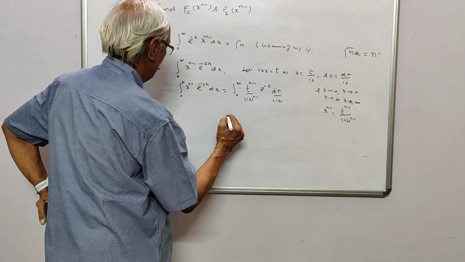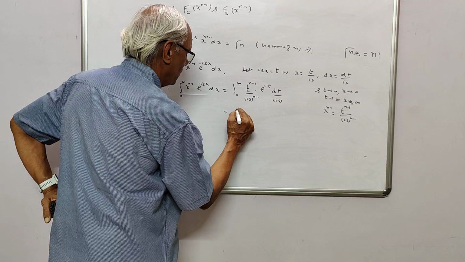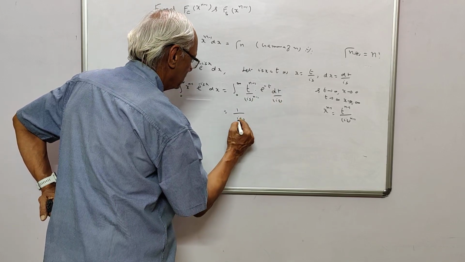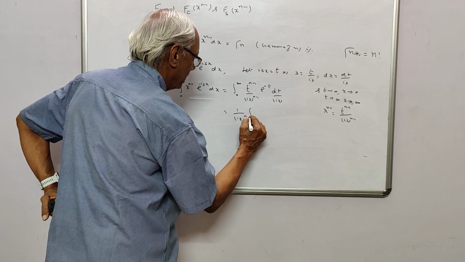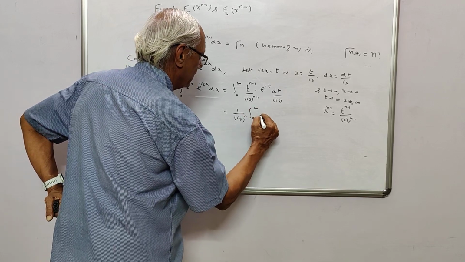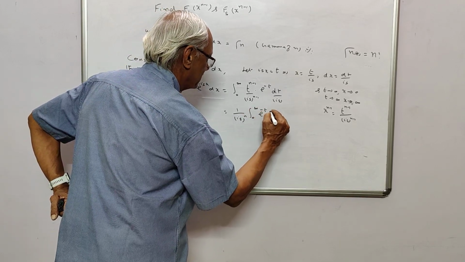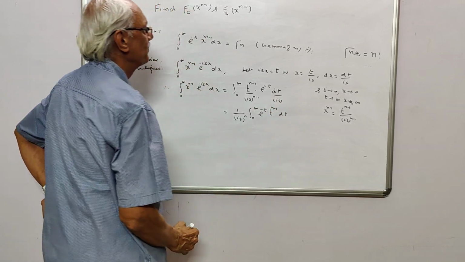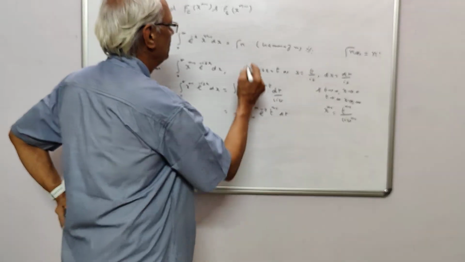So this can be written as 1 by (is) whole to the power of n, times the integral from 0 to infinity of e to the power of minus t, t to the power of n minus 1 dt.